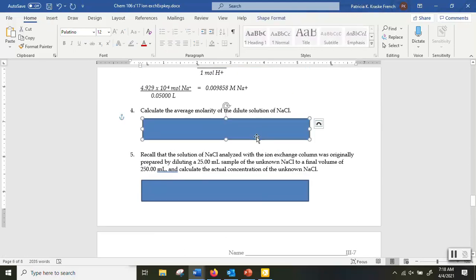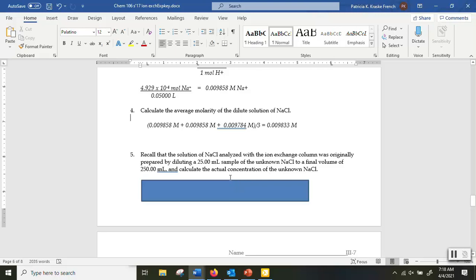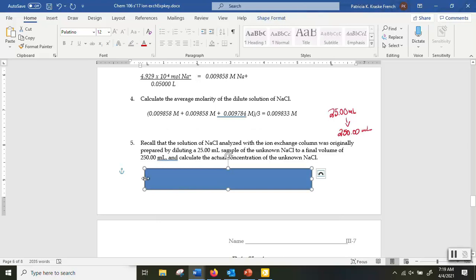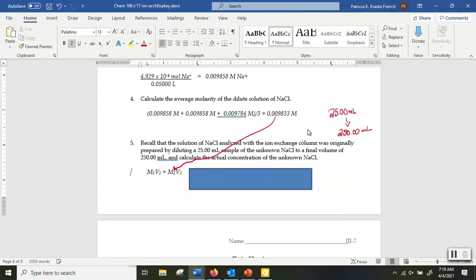The only thing we have left to do is to remember that originally we had diluted this. We had 25 milliliters that we had put into 250 milliliters. So this required us to use that good old standby equation, M1V1 equals M2V2. Now we just found M2, we knew V2, and we knew V1.